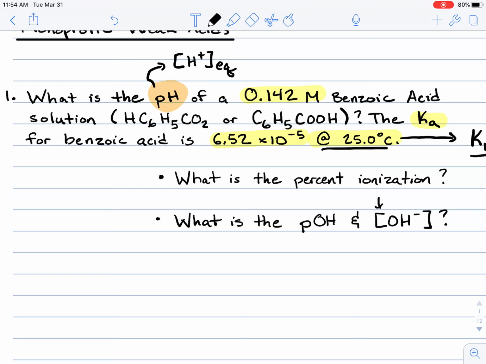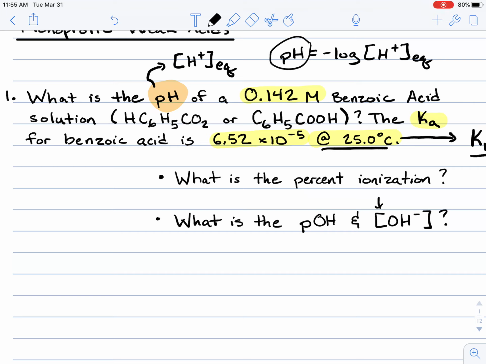If we can figure out the concentration of these protons at equilibrium, then we can apply the equation pH is equal to negative log of H plus to figure out the pH of that solution. Just always keep in mind that pH is calculating those protons at equilibrium.